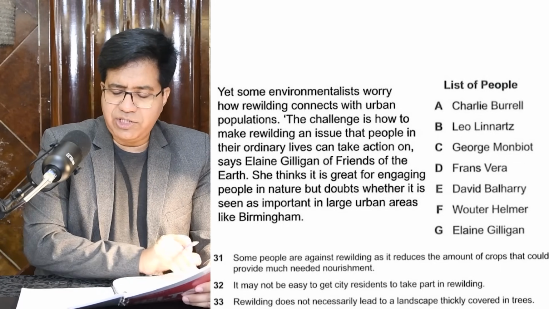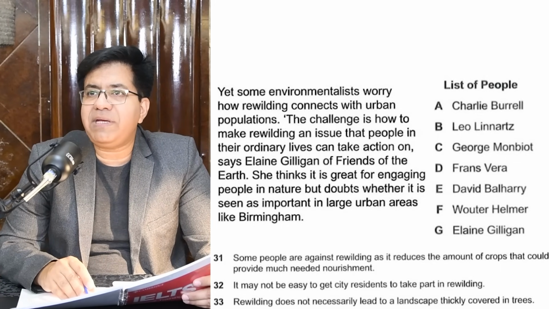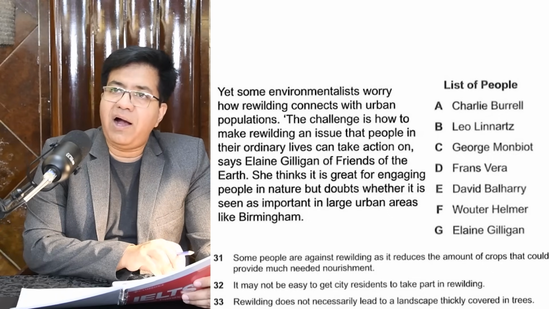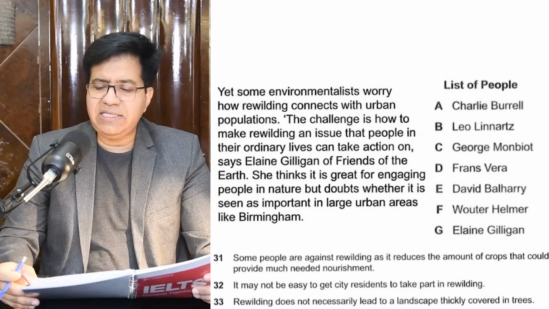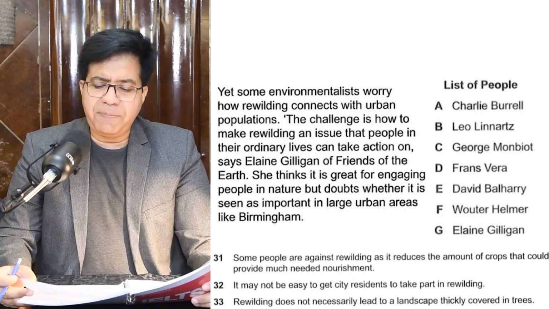So, question number 32. It may not be easy. What is "may not be easy"? Challenge. To get city residents to take part in rewilding. She said the challenge is how to make rewilding an issue that people in their ordinary lives can take action on. Take action means take part. So question number 32, correct answer is option G. That is left. Okay, it's all done.